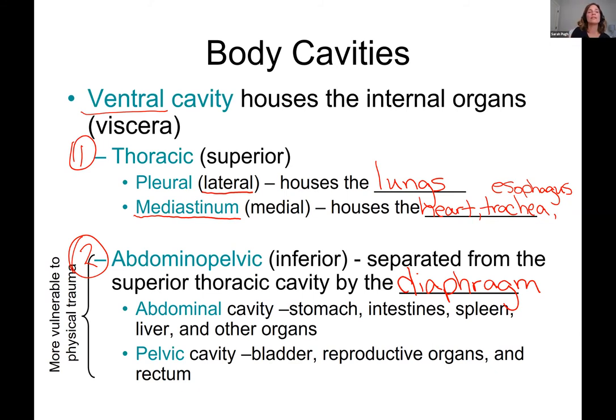Now I'm going to go one step further. I'm going to add one more in here. Actually, let me put it under here. I'm going to put it under the mediastinum. So the mediastinum in the middle has the heart, the trachea, the esophagus. But if we just want to look at the cavity that houses the heart, that's called the... that's not how you spell that.